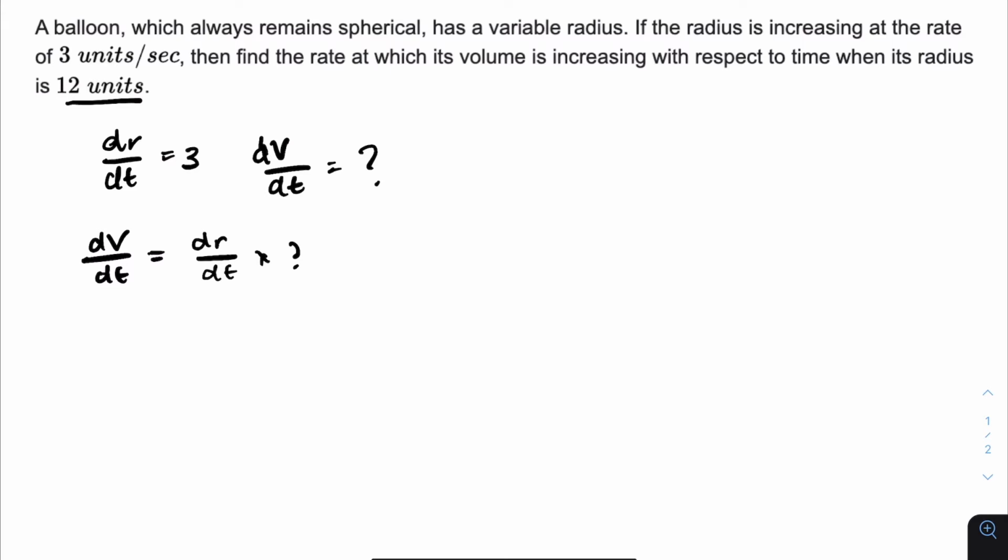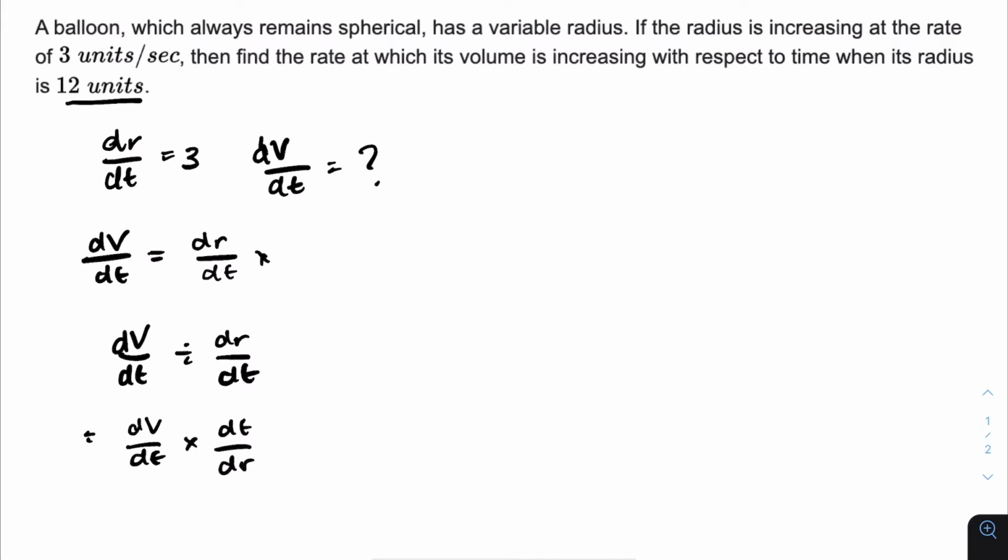What do you multiply dr over dt by to get dv over dt? A good way to do this is to divide dv over dt by dr over dt. So that's dv over dt divided by dr over dt, which is equal to dv over dt times dt over dr, as we're just flipping the fraction.